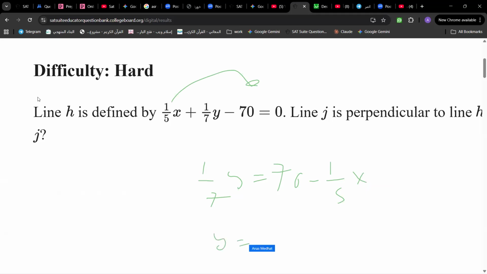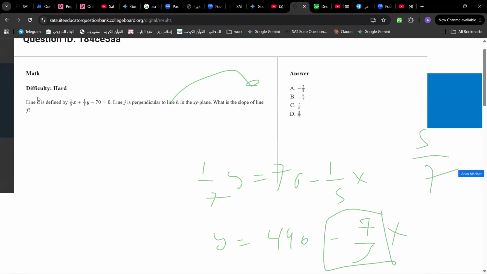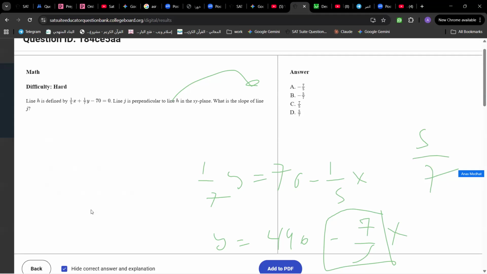Y is equal to minus 7 over 5 x. Now find the reciprocal of this. Yes, the negative reciprocal is 5 over 7. So the answer is D.